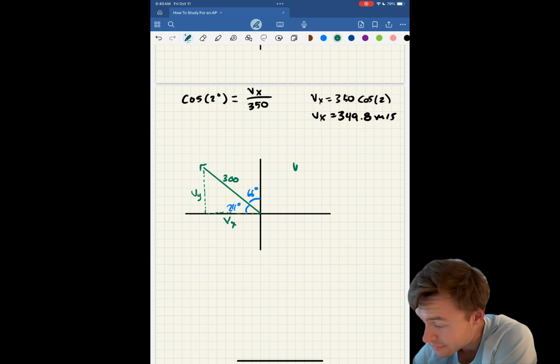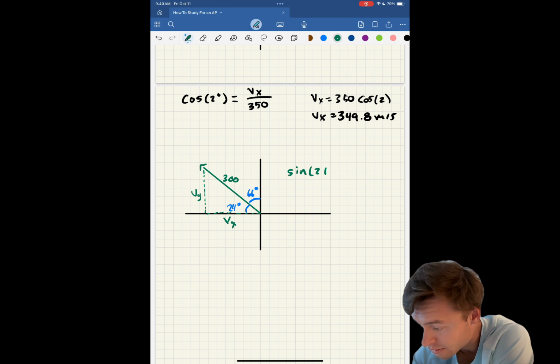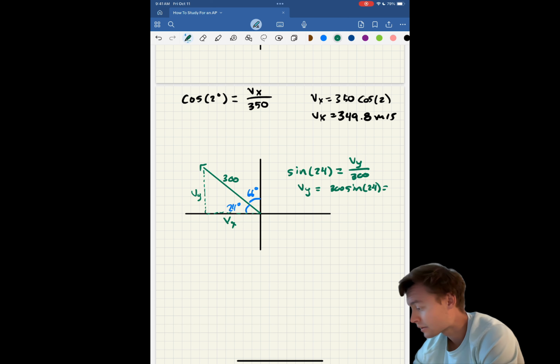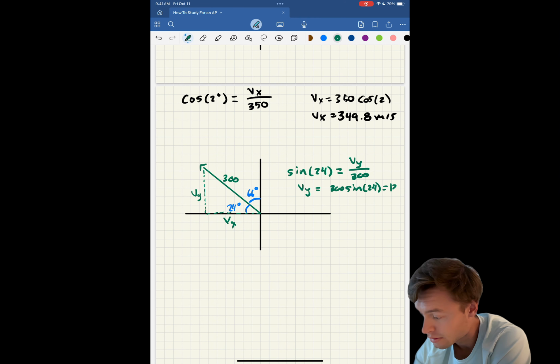So we can say that the sine of 24 is equal to v sub y over 300, or v sub y is equal to 300 sine 24, which is equal to 122 meters per second.